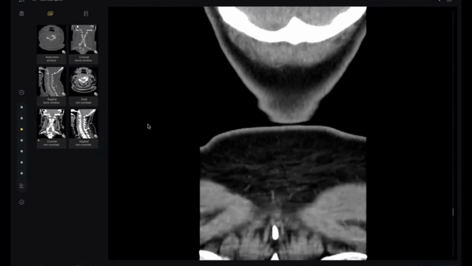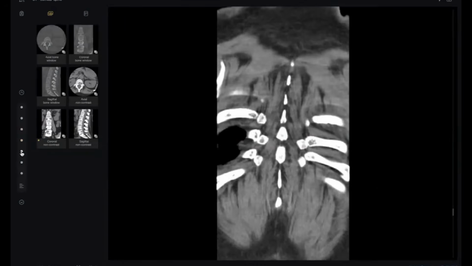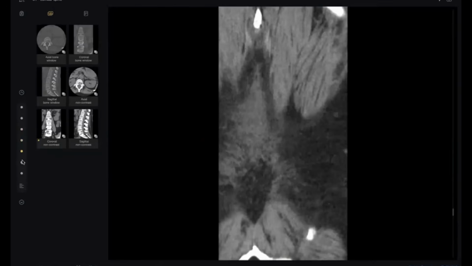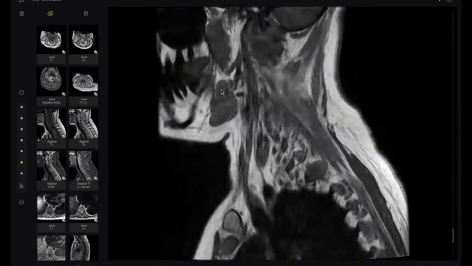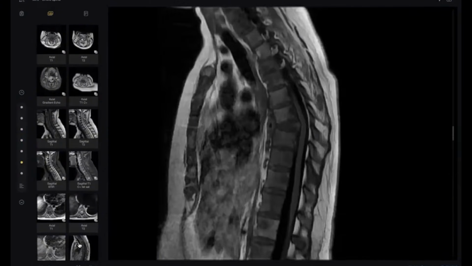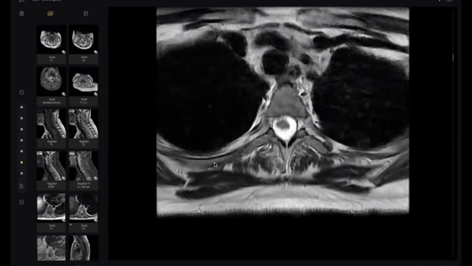A sparing of the disc spaces. Okay. I think there is MRI.